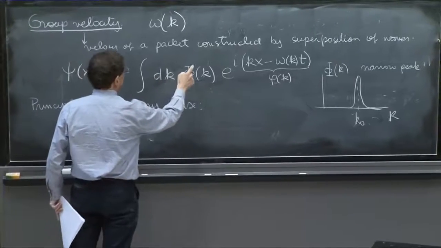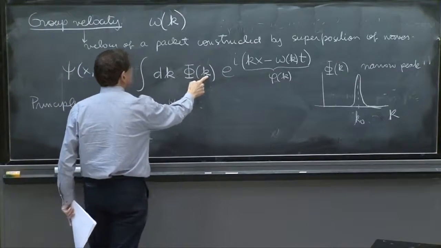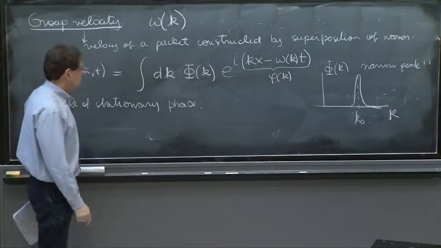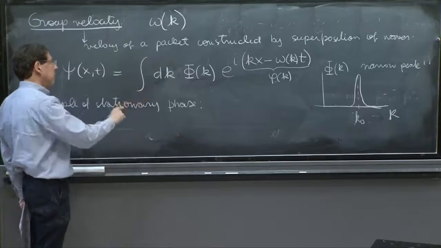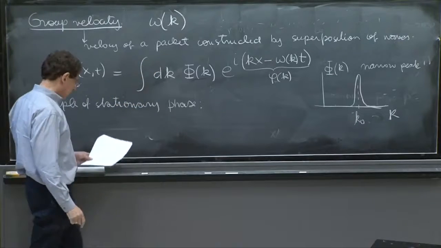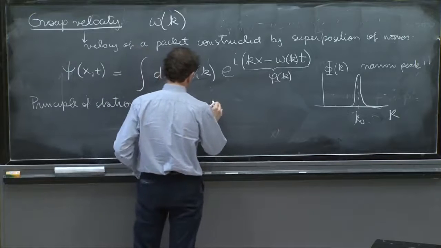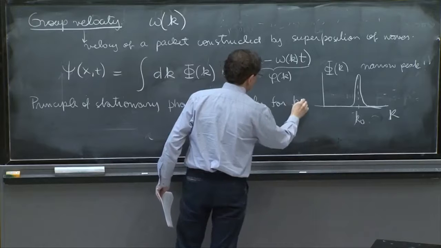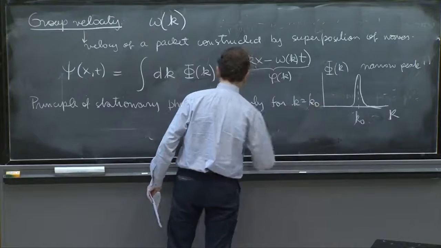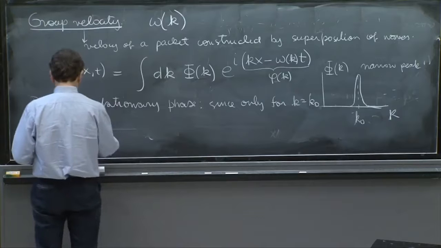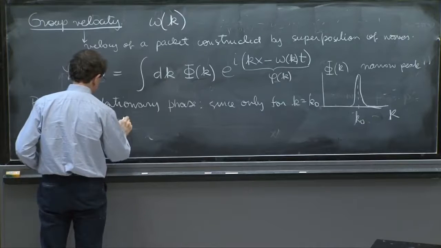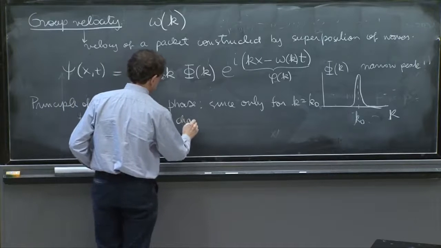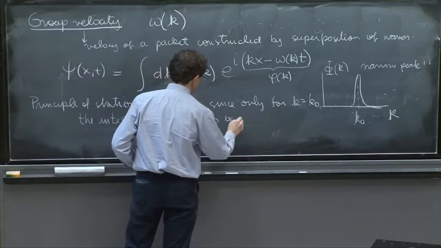And I'll say the following. Since phi anyway only peaks around k naught, this is the principle of stationary phase applied to this integral. Since only for k roughly equal to k naught the integral has a chance to be non-zero.